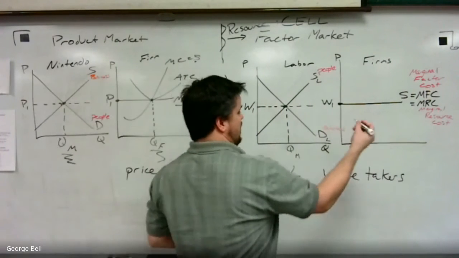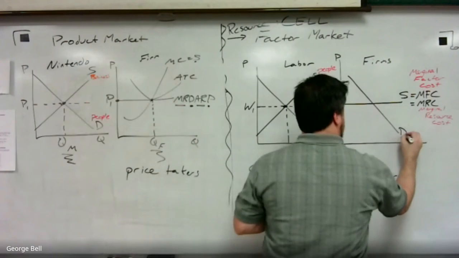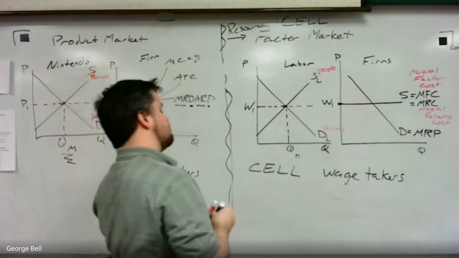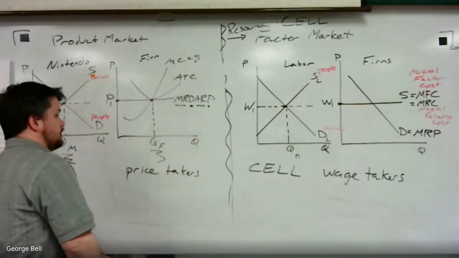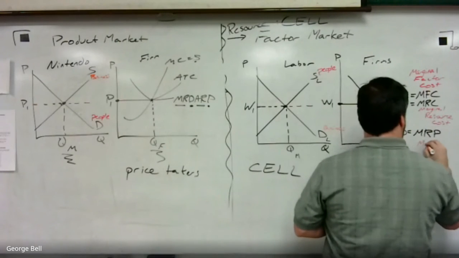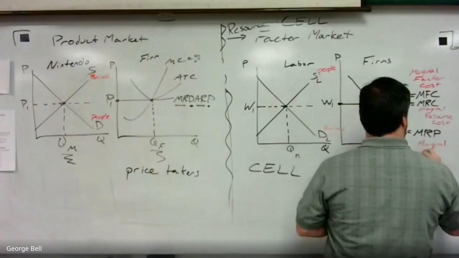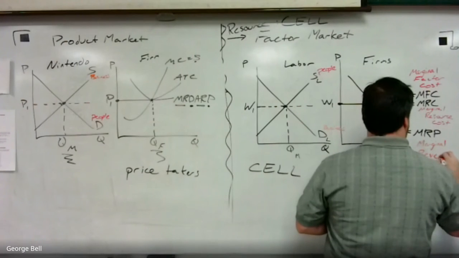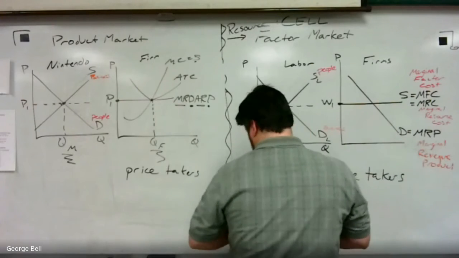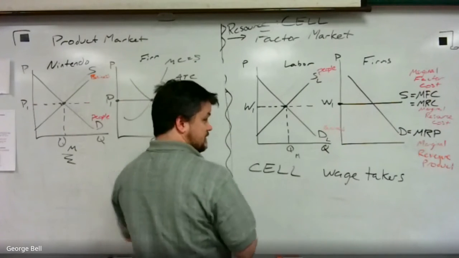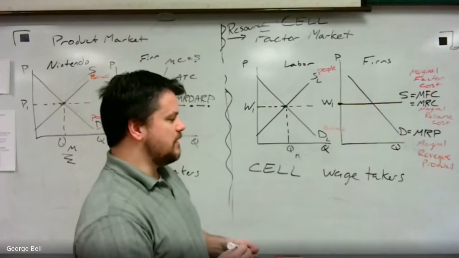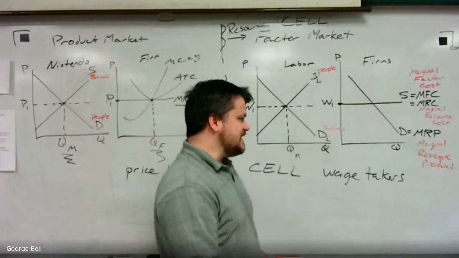To finish this out, then we have to add our demand curve. The demand curve equals MRP. The MRP stands for marginal revenue product. And to quickly review what these words mean, marginal means additional, revenue means money, and actually means sales, money from sales, and product means stuff.